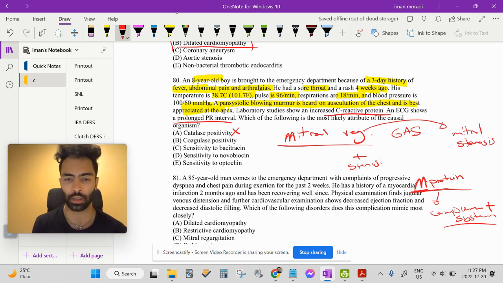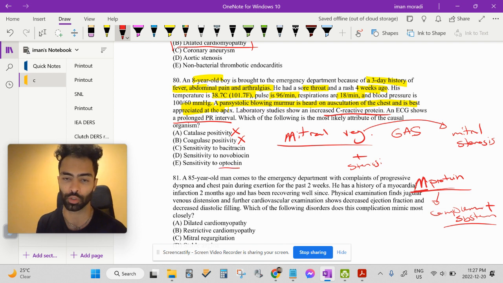Coagulase positivity: I think coagulase is specific to Staph aureus out of all the staphs.